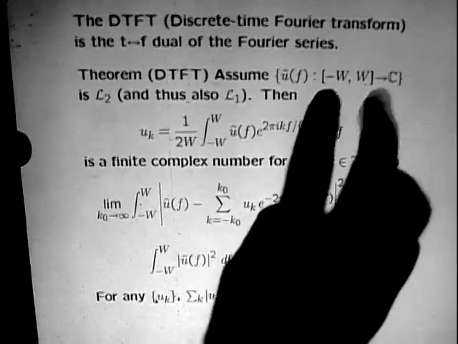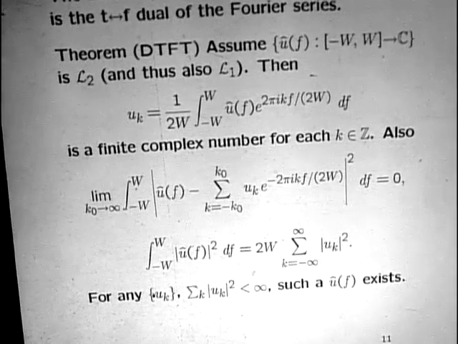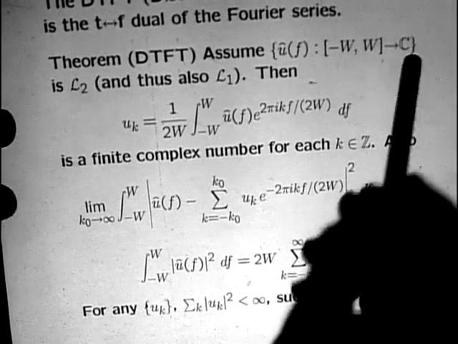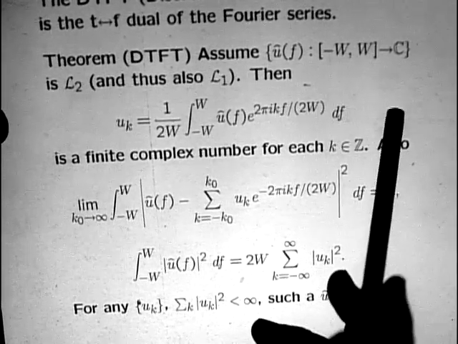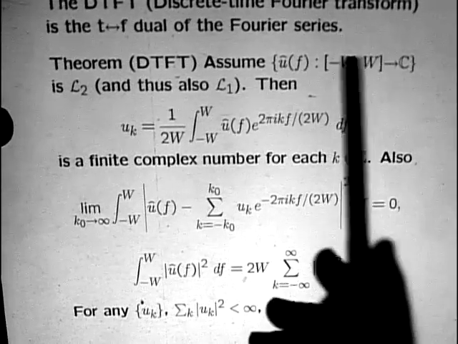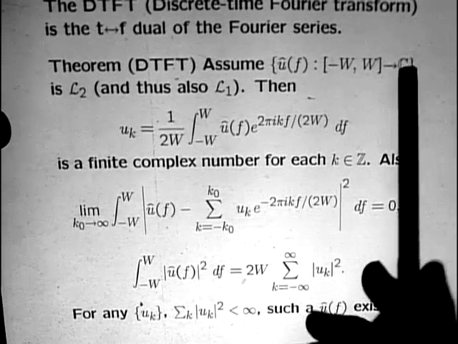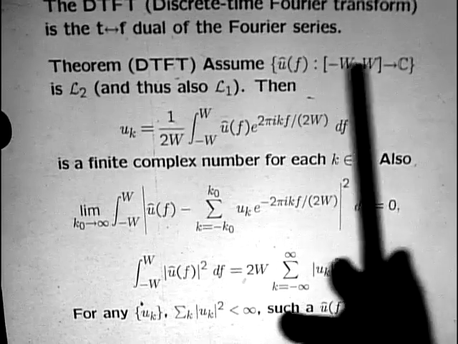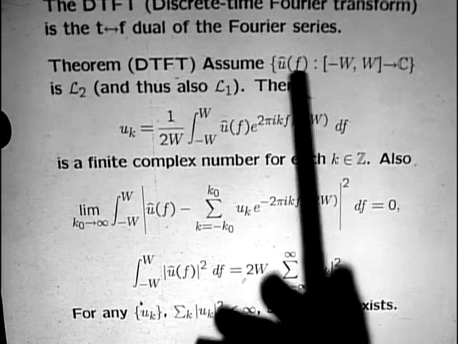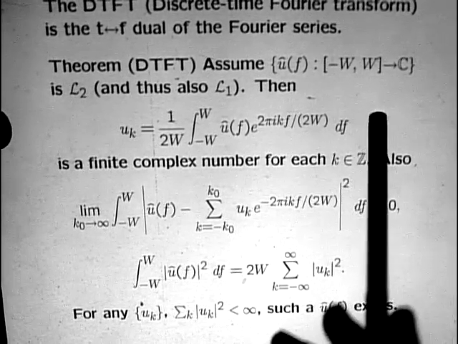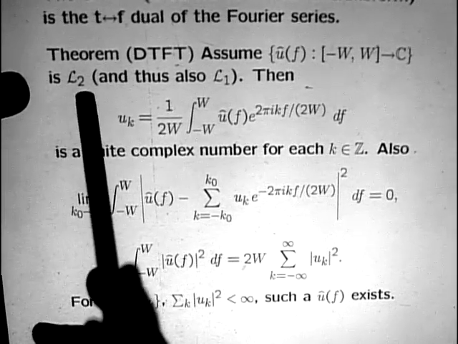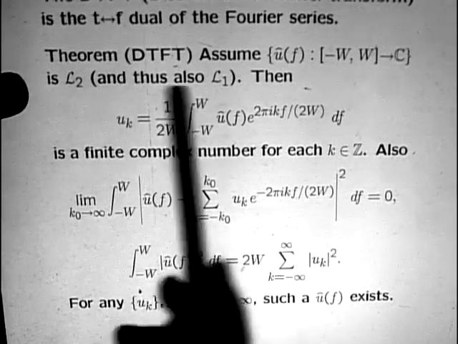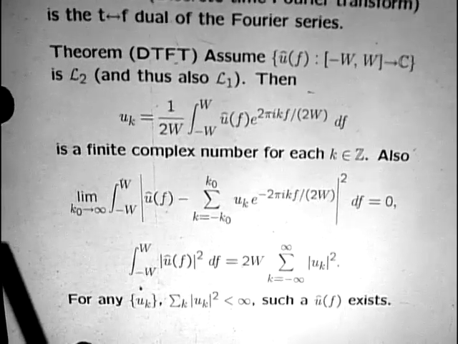Suppose it's defined over the interval minus W to plus W into C. Okay, in other words, the way we often say that a function is truncated is to say it goes from some interval into C. This is a complex function which is non-zero only for f in this finite bandwidth range. We're going to assume that this is L2, and thus we know it's also L1.